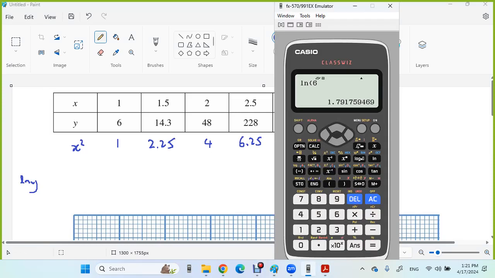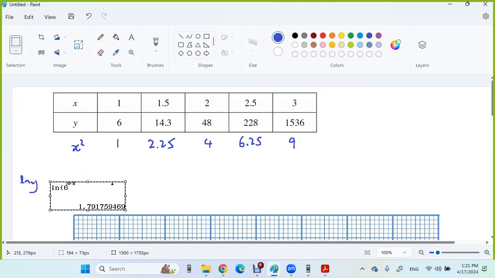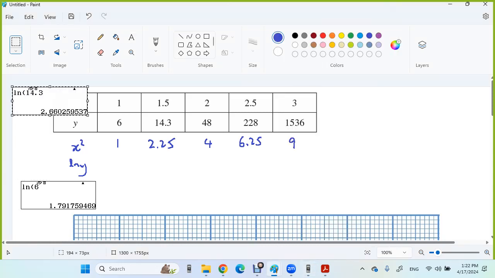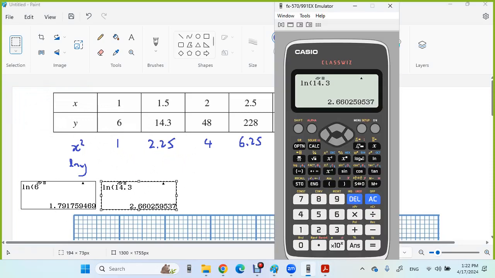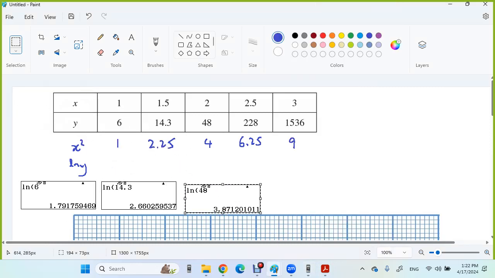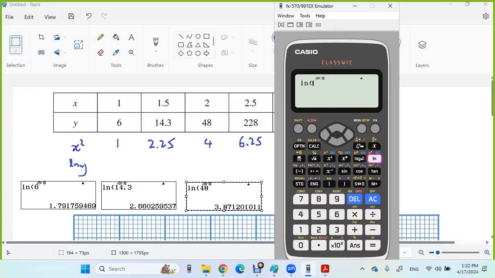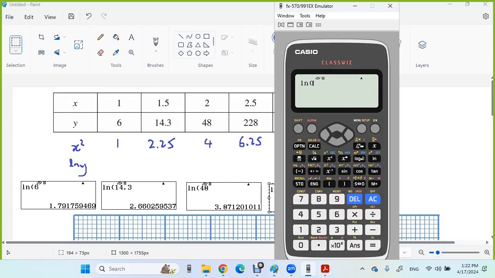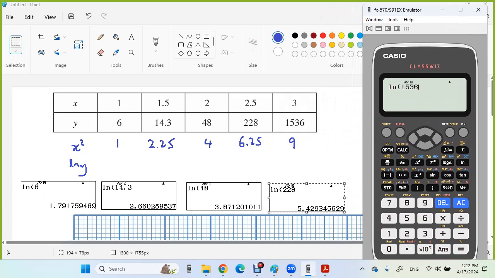So ln 6, and then ln 14.3, then ln 48, then ln 228, and ln 1536.